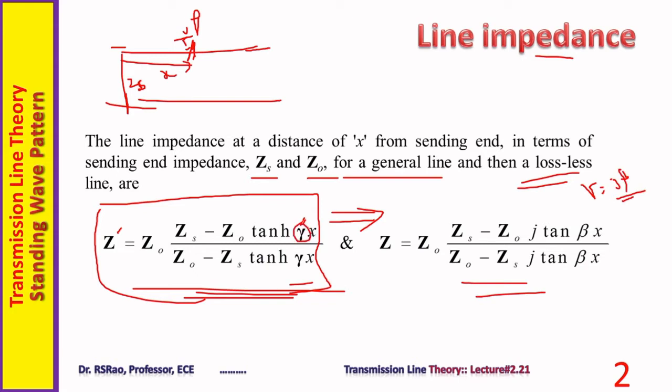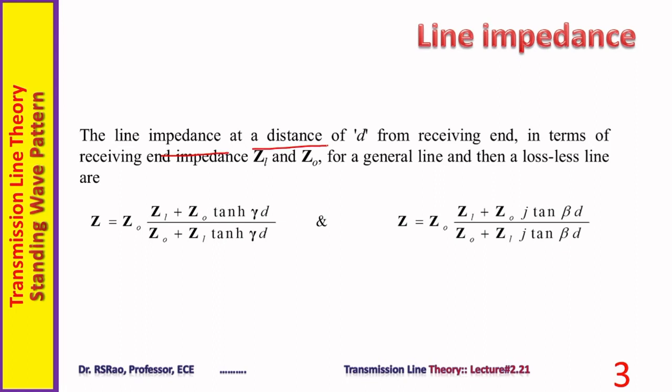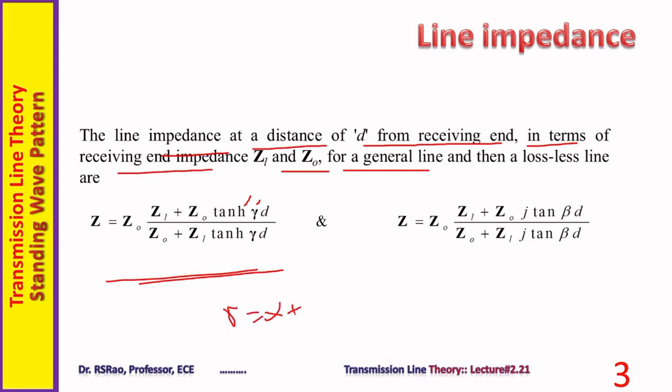Substituting gamma equal to j beta, we get the line impedance at a distance d from the receiving end, in terms of receiving end impedance and characteristic impedance. For a general line, it is Z equal to Z0 times ZL plus Z0 tanh gamma d, divided by Z0 plus ZL tanh gamma d. Tanh means hyperbolic function, gamma is propagation constant. For a lossy line, gamma is alpha plus j beta.